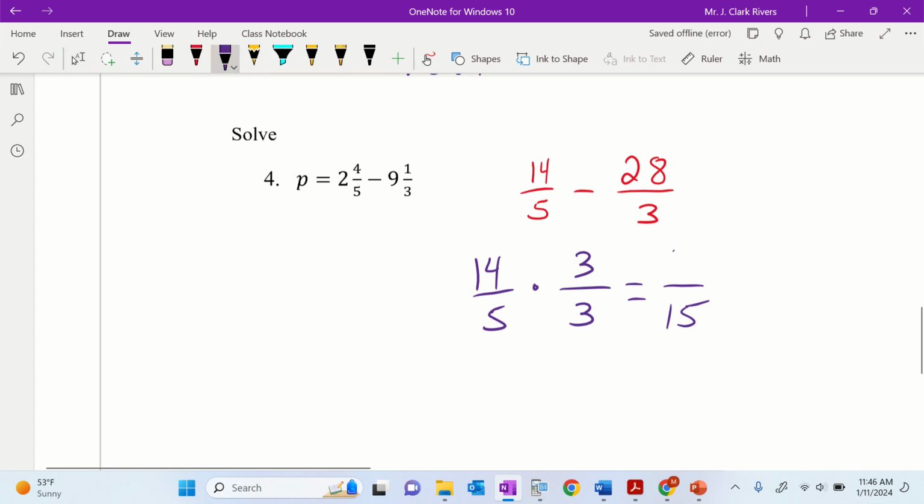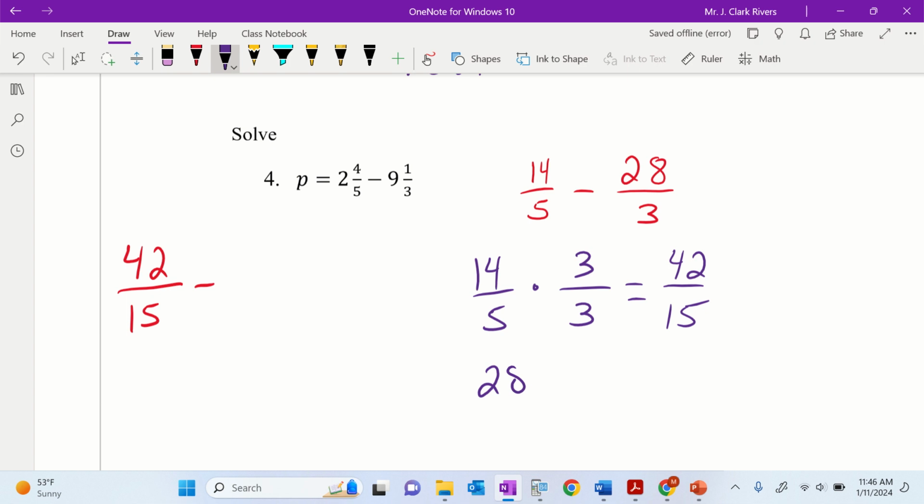14 times 3, that is 42. So 2 and 4/5 became 42 fifteenths. We're going to subtract from that now 28 thirds, 28 over 3.